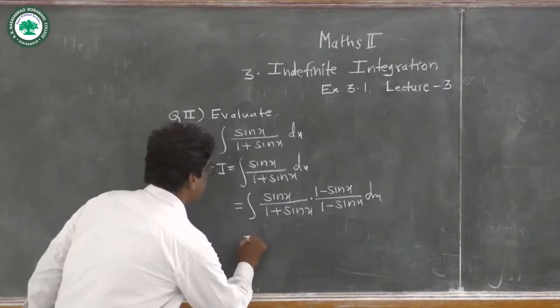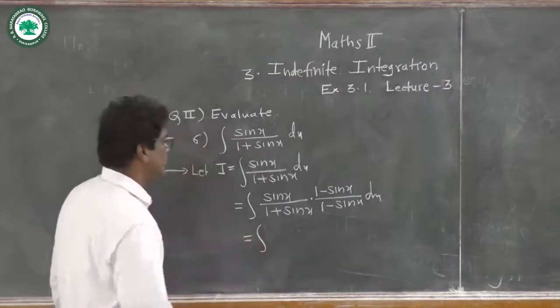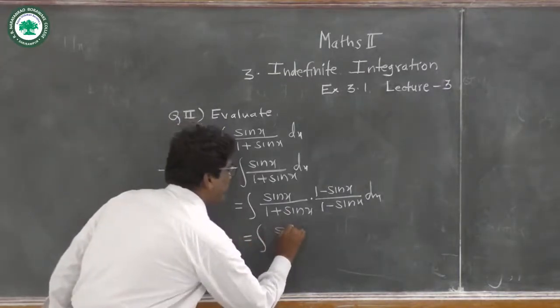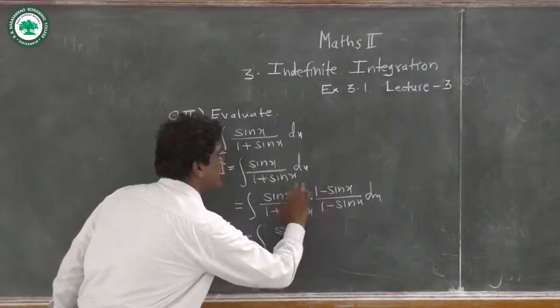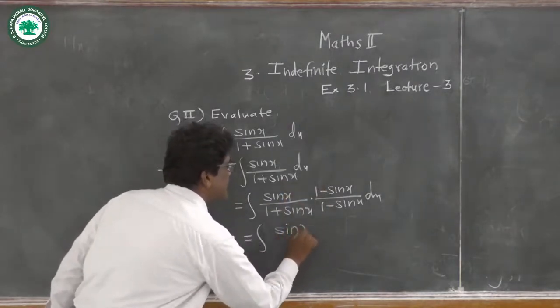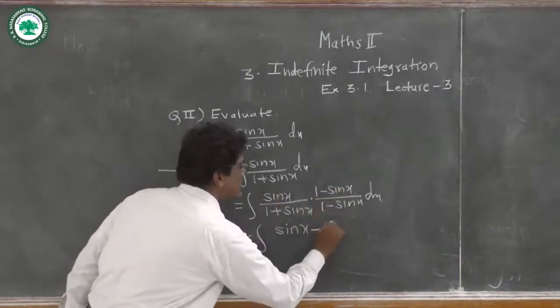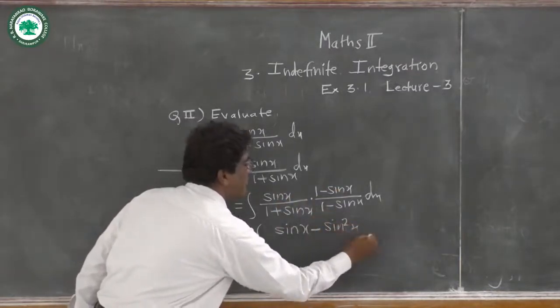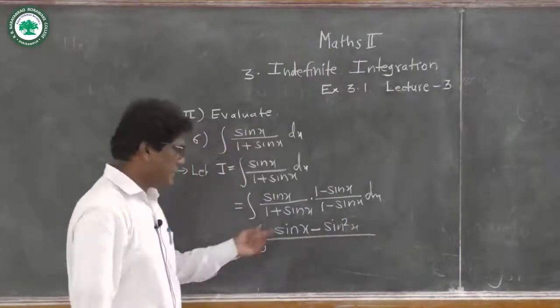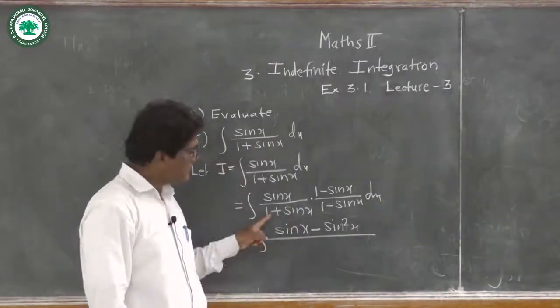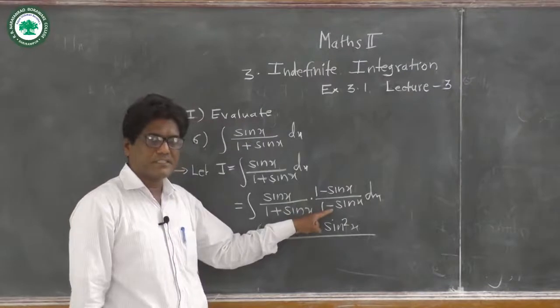Now take the product of numerator and the product of denominator. So we get integration of sin x into 1, that is sin x, minus sin x into sin x, sin square x, divided by, in the denominator, the product of 1 plus sin x and 1 minus sin x.